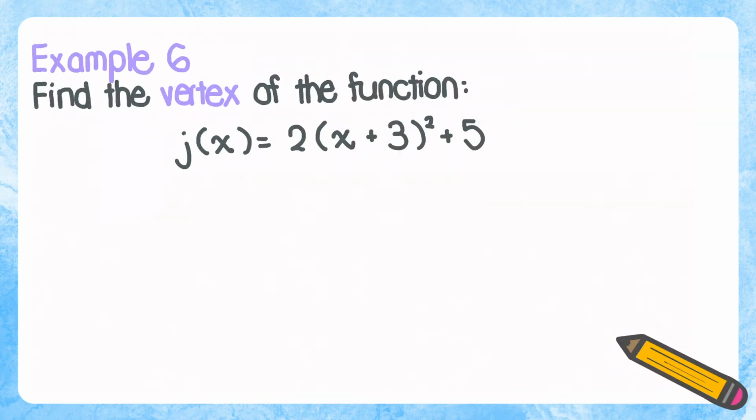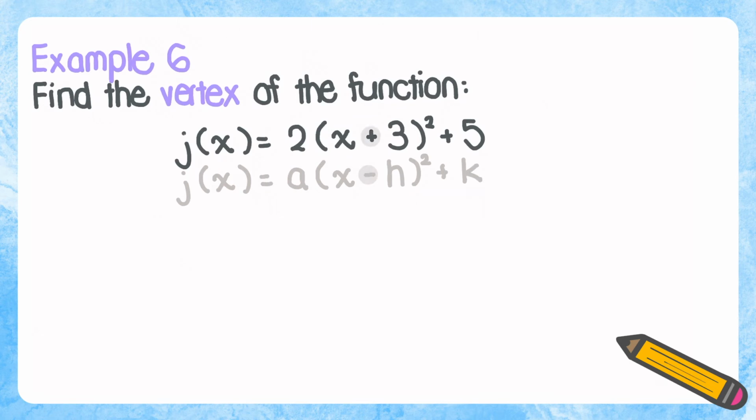Next, let's find the vertex for this function. j of x equals 2 times x plus 3 quantity squared plus 5. What's different about this from the general vertex form? The general form is j of x equals a times x minus h quantity squared plus k.